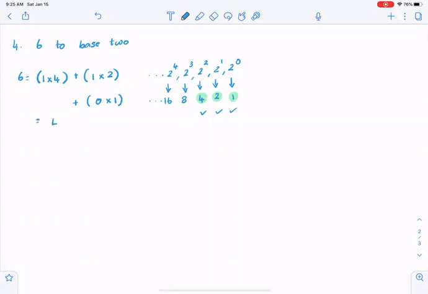If I add, I'll get 4 plus 2 plus 0, which is 6. So what should the base 2 number be? It's whatever value that you multiplied by. In this case, it is 1, 1, 0. So 6 in base 10 is 1, 1, 0 in base 2.